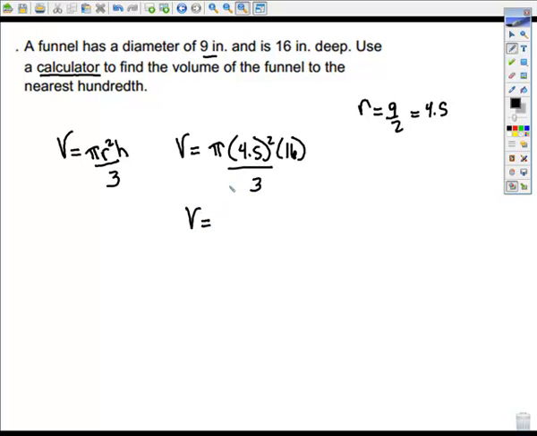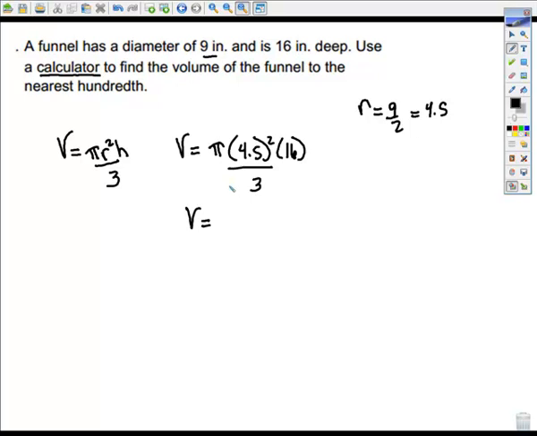when I use my pi key, on your calculator there is a pi key on all scientific calculators, and the ones that I have in my room, it's on the very bottom row of your keys, and there's an EXP button. If you look right above the EXP button, there's a little pi, but it's in orangey yellow sort of color.